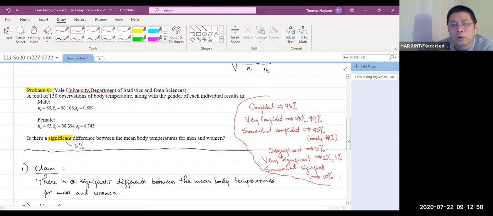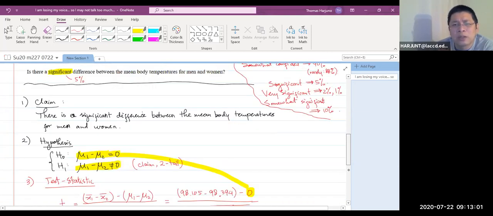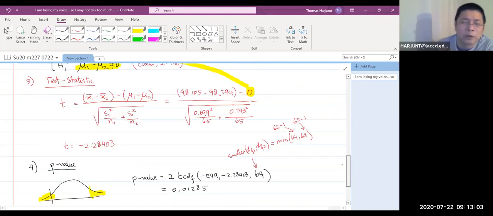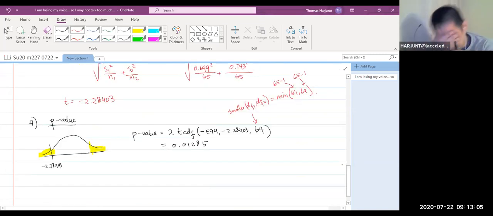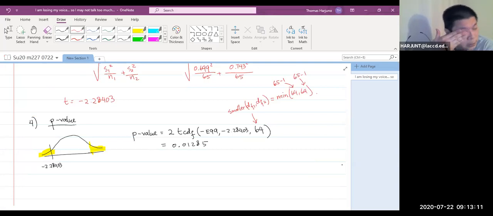So imagine if somebody tells you this, just for example, there is a somewhat significant difference between wearing masks in preventing COVID-19, but not very significant.